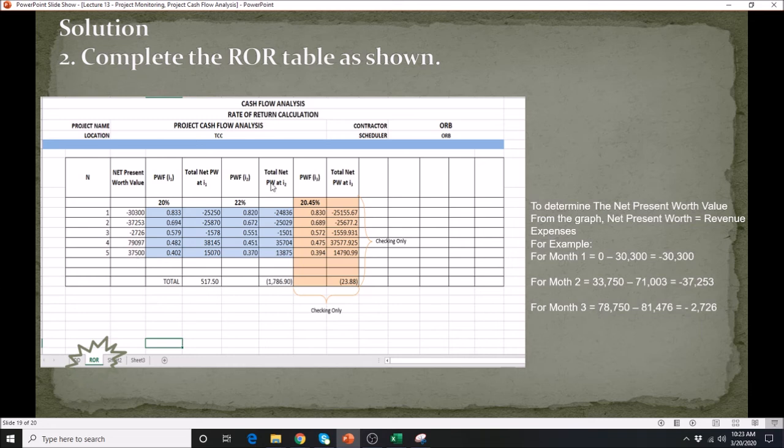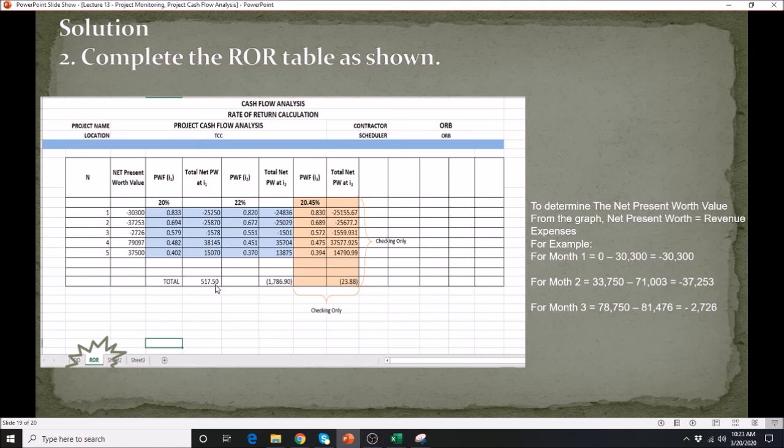Then plug in this value here. I'll be giving you that 20% to give you the range, and then you have your 22%. Our goal here for the ROR is to come up with a value that is equal to 0 to create that break even. If it is hard for us to figure out, you could play with it.